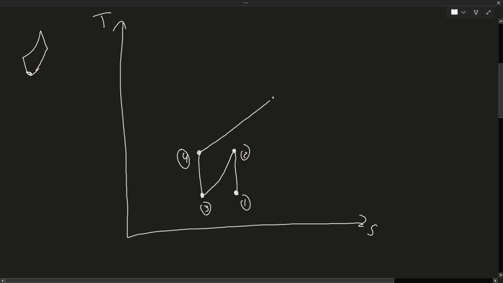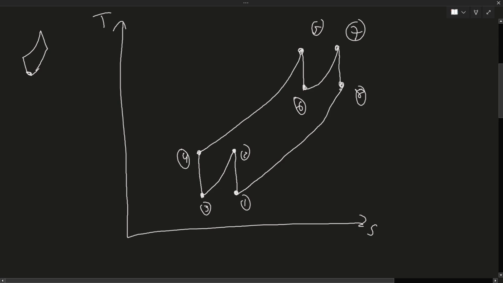Then there's the combustion happening. It goes up over here into your turbine. Then it gets reheated over here. Then another turbine, step 8. And then it goes back into your first compressor. This is what a simple intercooling Brayton cycle looks like.